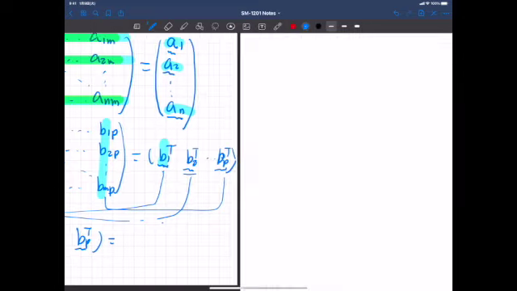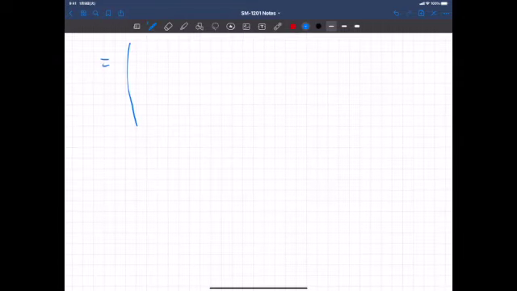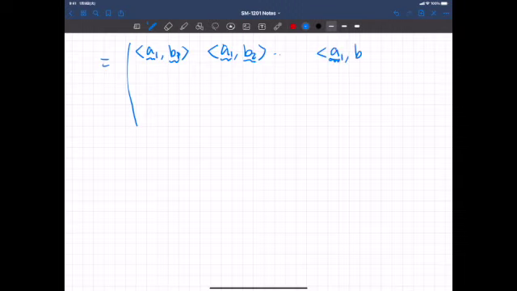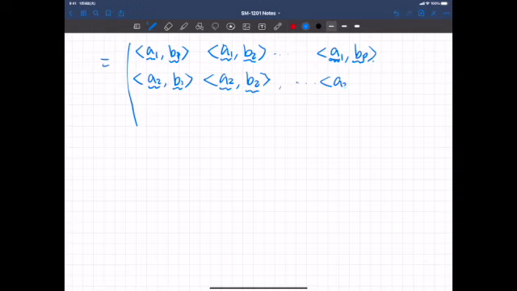So the first element becomes A1 times B1, the second element becomes A1 times B2, and so on, A1 times BP, and the second row becomes A2 times B1, A2 times B2, and A2 times BP, and so on.